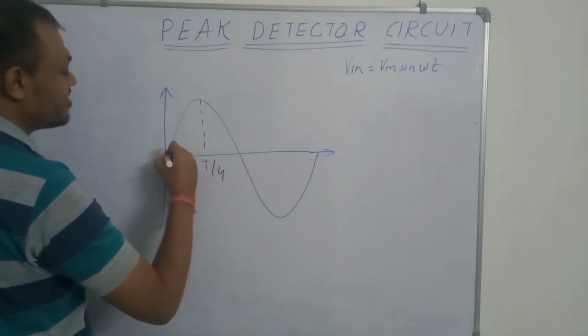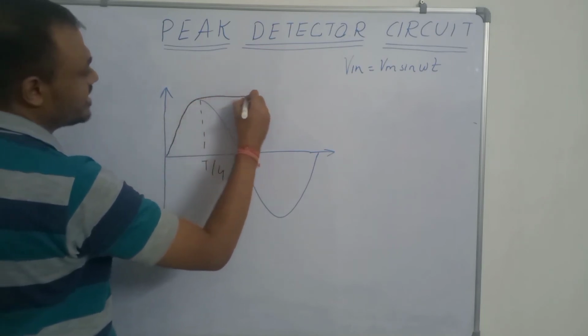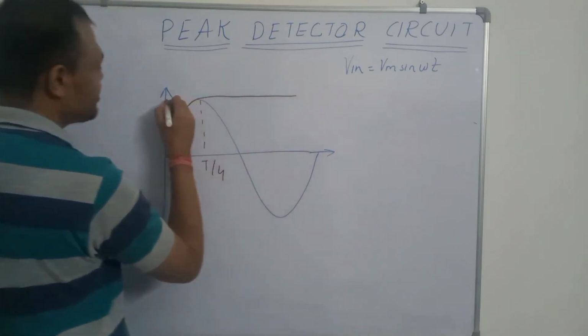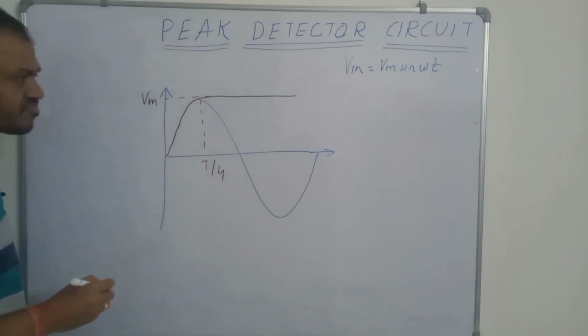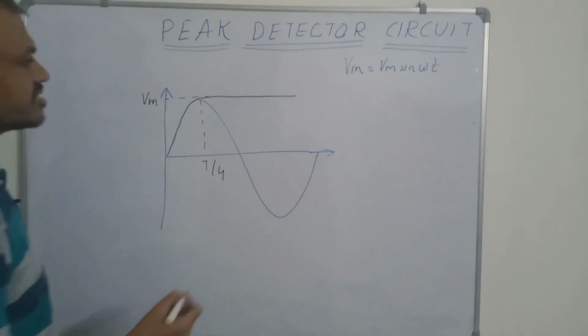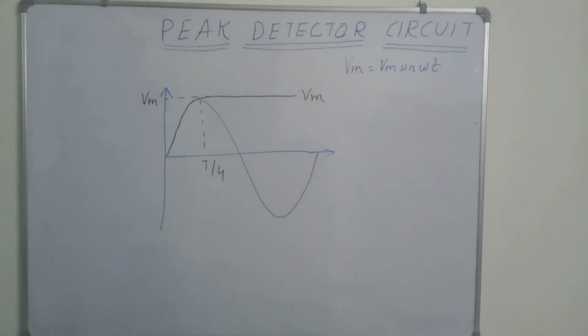And the black wave is the capacitor voltage. So after T by 4, the capacitor voltage will remain at Vm.